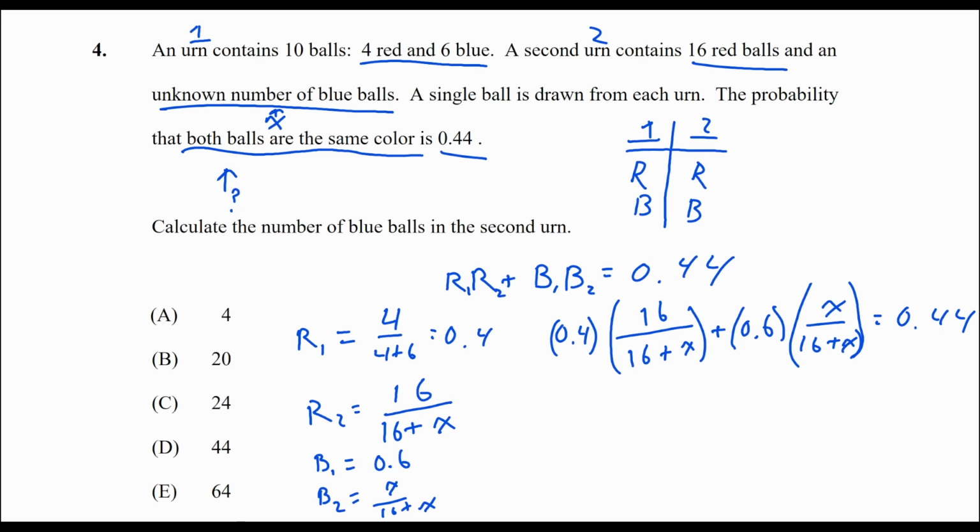I'm going to make this a little bit easier to look at. I'm going to multiply the left side of the equation and the right side of the equation by 10 and by 16 plus x. So let's go ahead and do that.